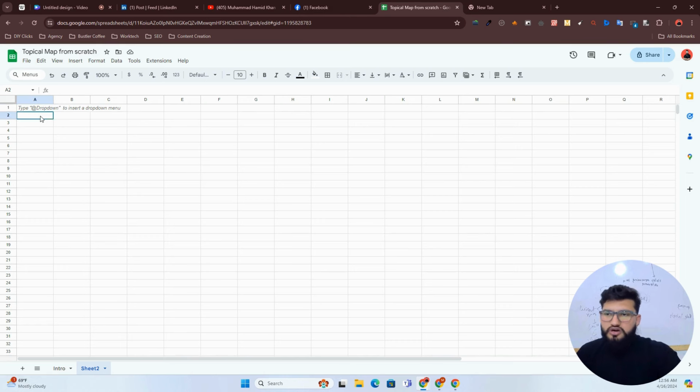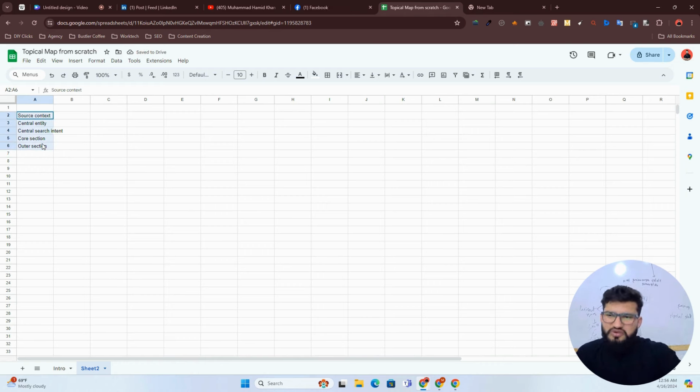So let me start. First of all, there are some components of a topical map I would like to mention. Number one is source context, number two is central entity, number three is central search intent, number four is the core section, and number five is the outer section.